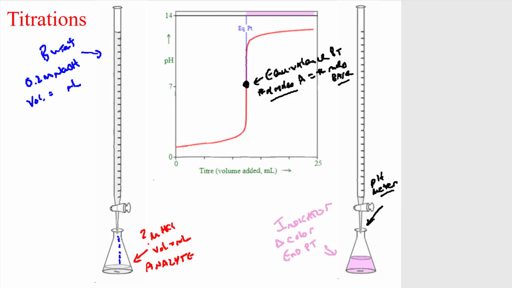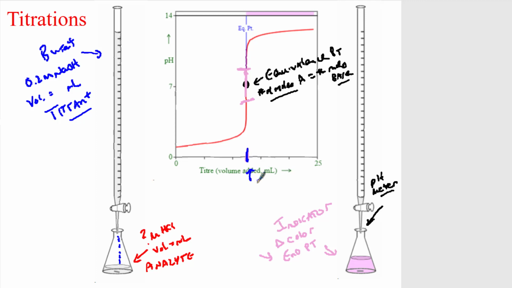Now we want the indicator, the end point, the color change to be in this range right here, which means, do you see how that helps to figure out how much volume of our titrant we have added? How much volume of the base have we added?